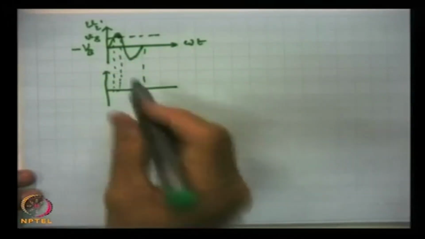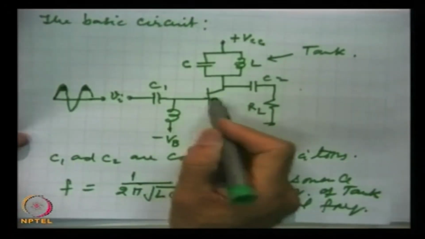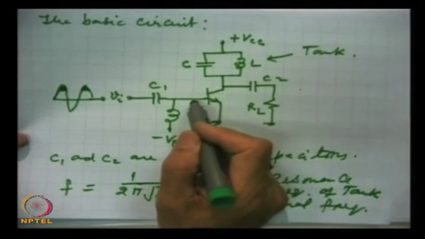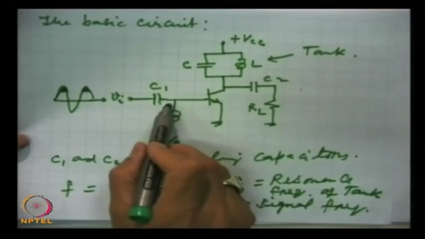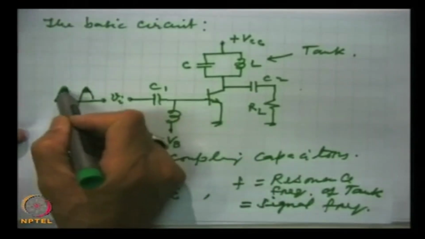I B, the base current in this circuit. Base current will flow only when the emitter base junction is forward biased, and this will be forward biased here.